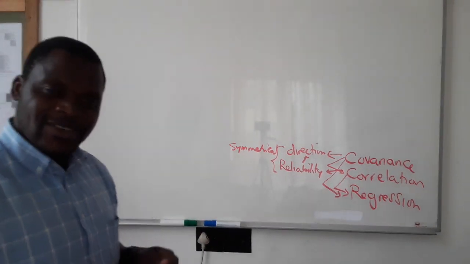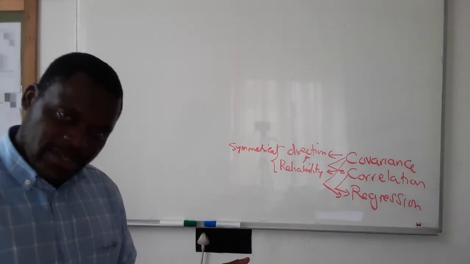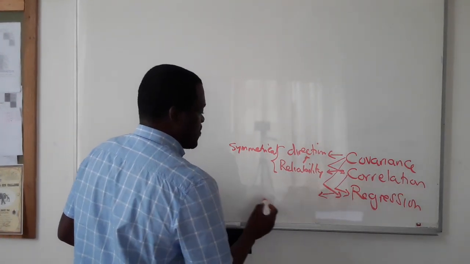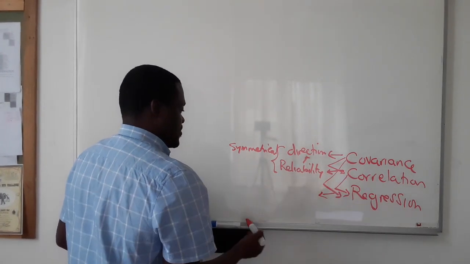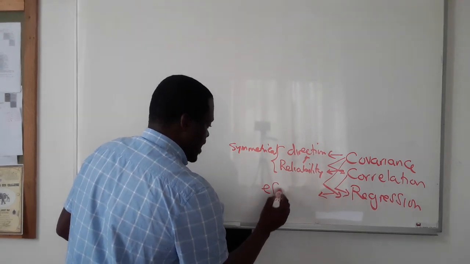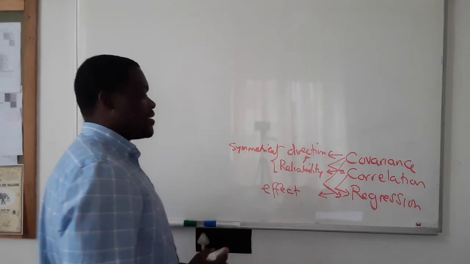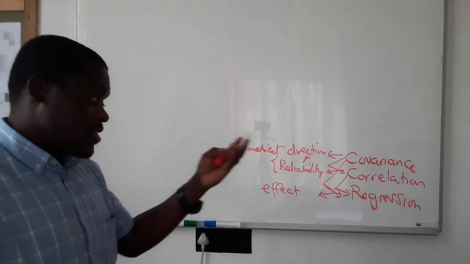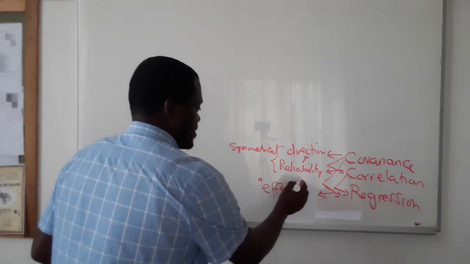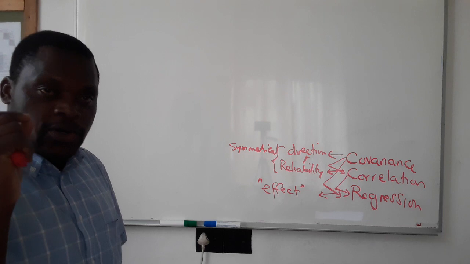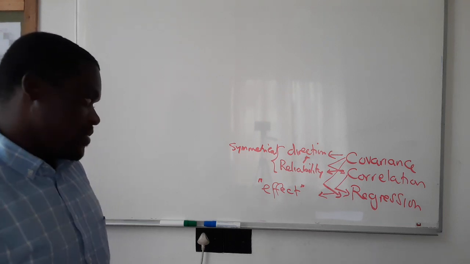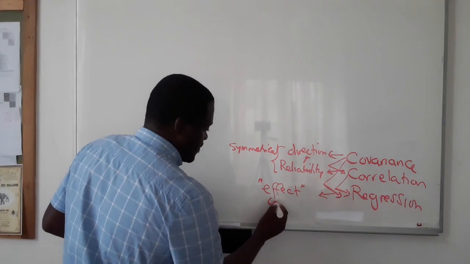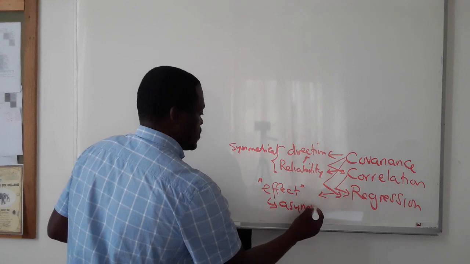But in economic theory, we actually know which variables affect which ones. And now when you are in the domain of regression, this is where econometrics comes in. You are now measuring the size of the effect of one variable on another. What's the size of the effect of price on quantity demanded? The size of that effect is what we are calling economic measurement, that is econometrics. So here now we have an asymmetric relationship.